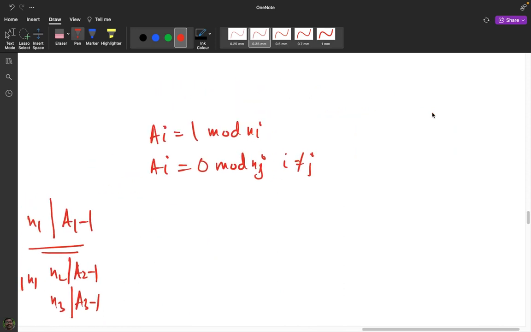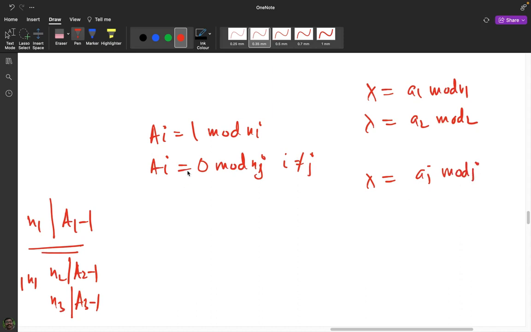So these are my ai. I need a solution which satisfies this: x is congruent to a1 mod n1, x is congruent to a2 mod n2, and x is congruent to aj mod nj. I have to construct a solution like this. Now if you look at ai, ai is congruent to 1 mod ni.